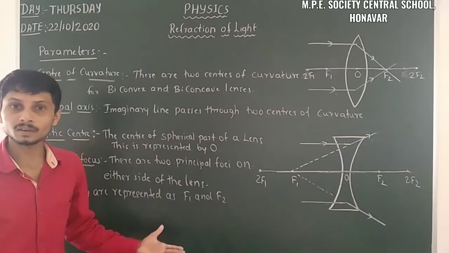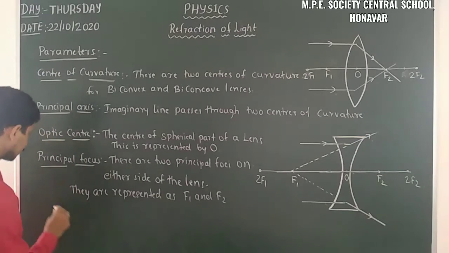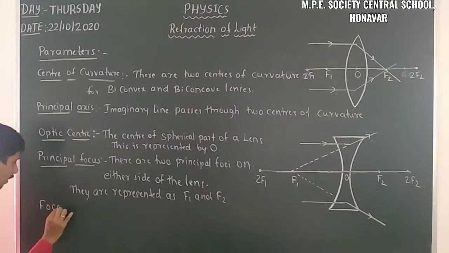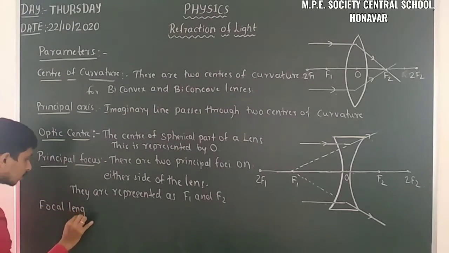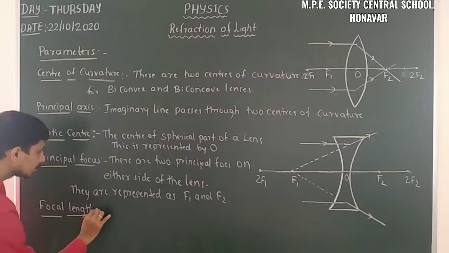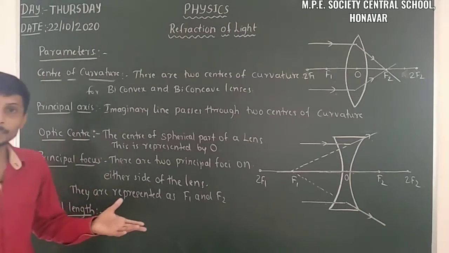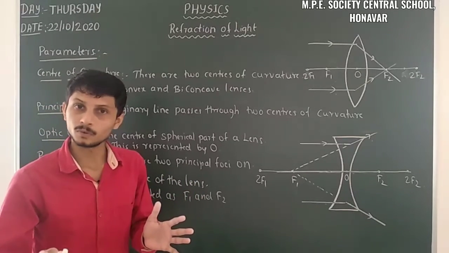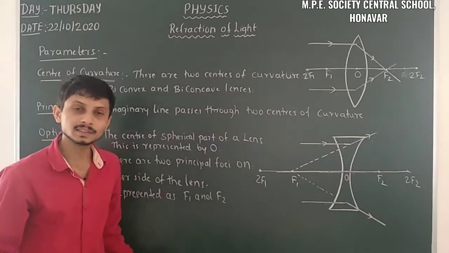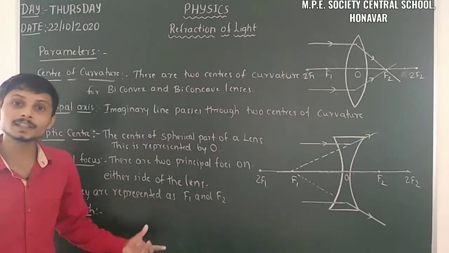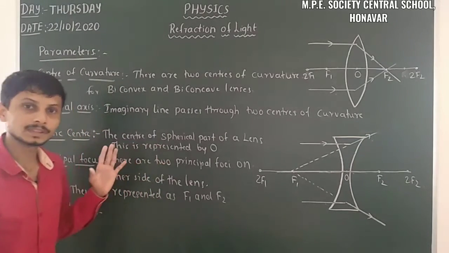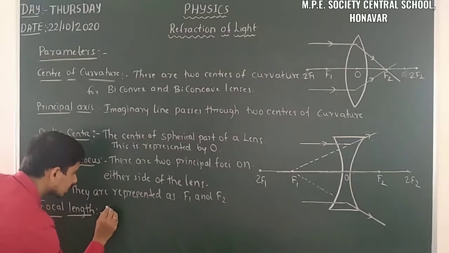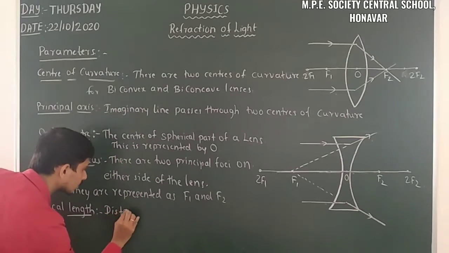Then the final parameter is the focal length. In spherical mirrors, the focal length is the distance between the pole and the principal focus. Here it is the distance between the optic center and the principal focus.